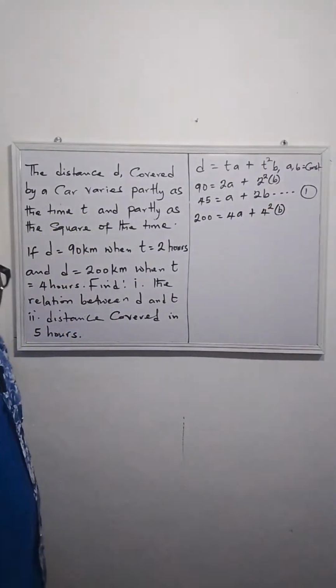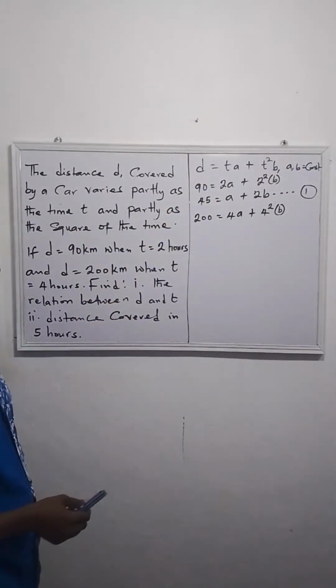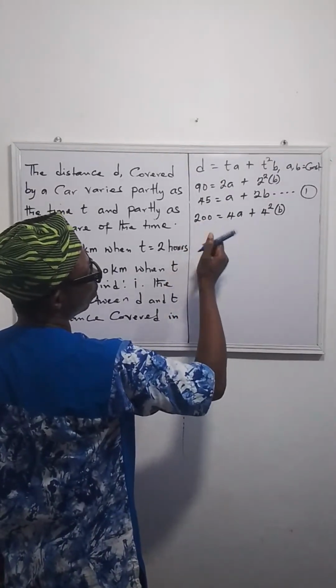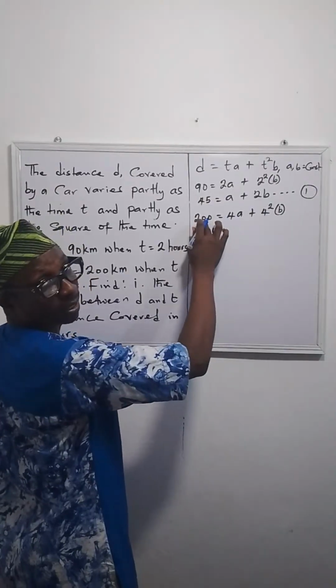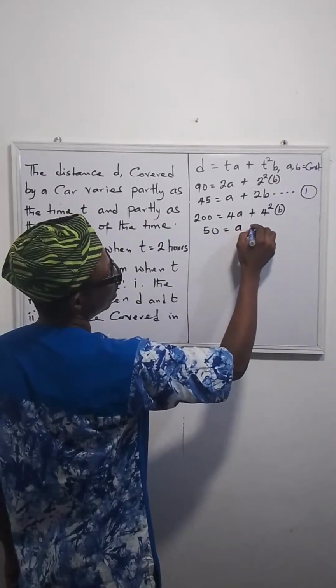We can divide through by 4, just like we did here when we divided by 2. When you divide by 4, you have 50, and 4a divided by 4, we have a plus.